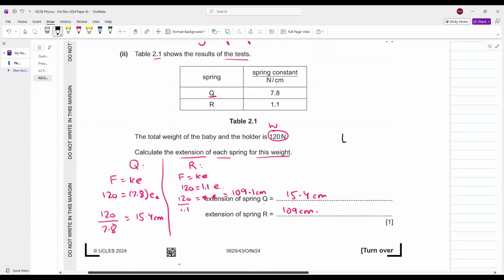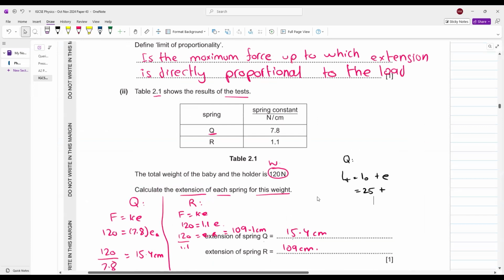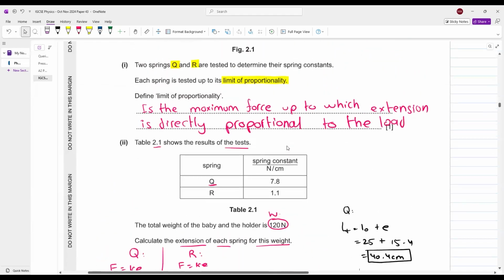Can you calculate the total length for spring Q? L naught plus extension. 25 centimeter plus 15.4 centimeter. This comes out to be 40.4 centimeter, the total length of spring Q.